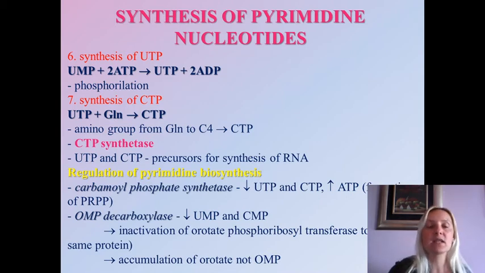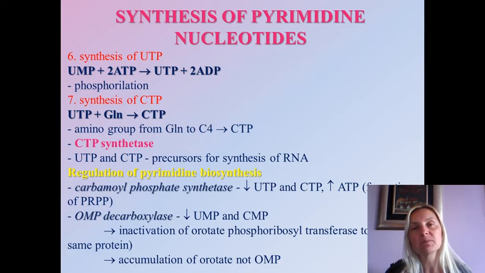What about the regulation of pyrimidine biosynthesis? We have already mentioned that we have one major regulatory enzyme, and that is carbamoyl phosphate synthetase, and this enzyme is inhibited by UTP and CTP and activated by ATP. The activation by ATP is accomplished through the formation of phosphoribosyl pyrophosphate.